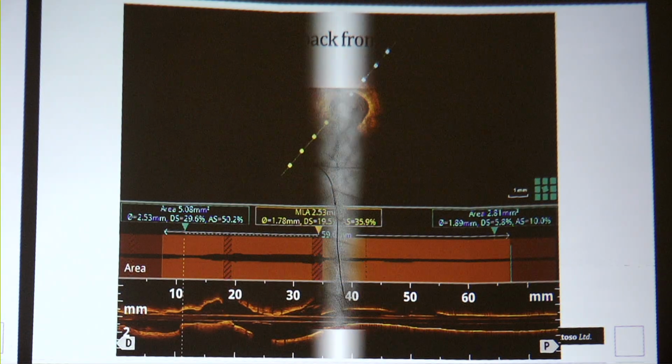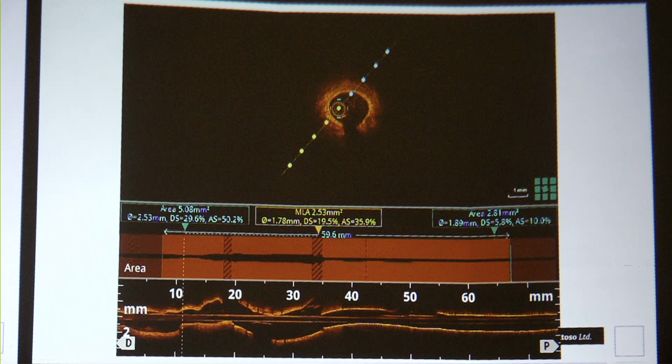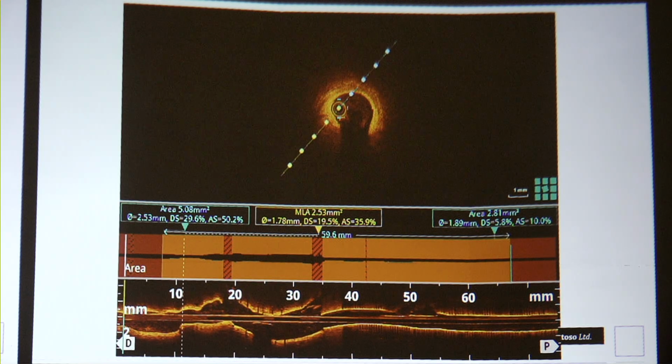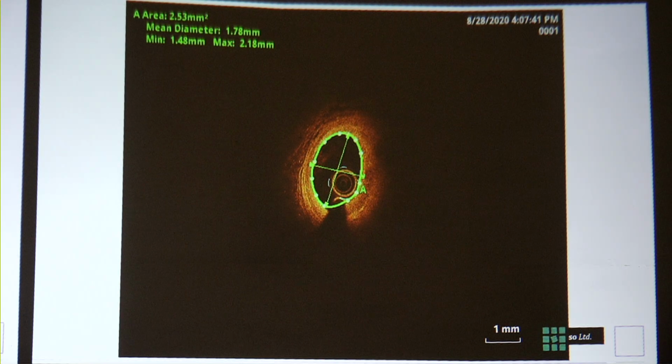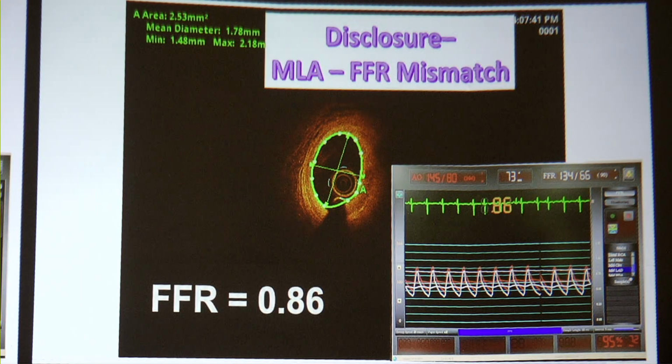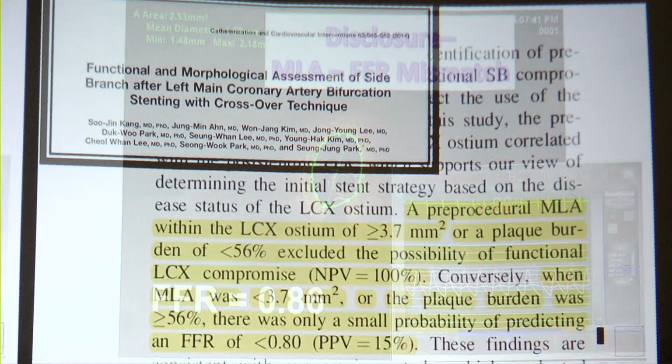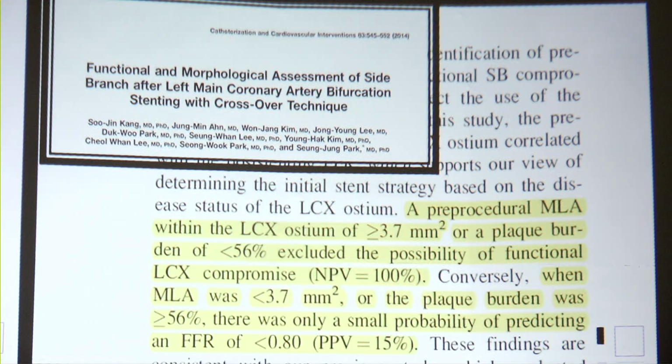The pullback from the LCX documents an ostial MLA of 2.53 millimeters square. This is the ostial LCX. The plaque burden was approximately 60% and the FFR was 0.86. We have a beautiful paper by Sujin Keng et al. that shows that a pre-procedural MLA at the LCX ostia, if it is more than 3.7 millimeters square, virtually excludes the possibility of a functional LCX compromise with a crossover stenting.